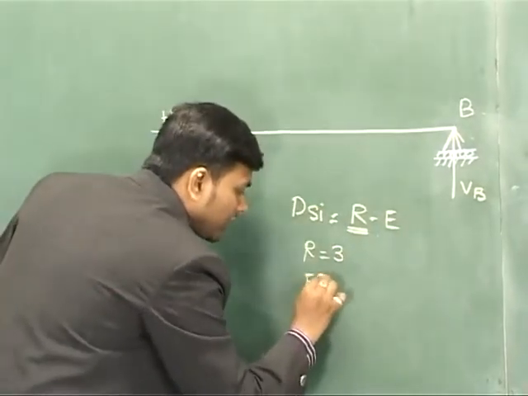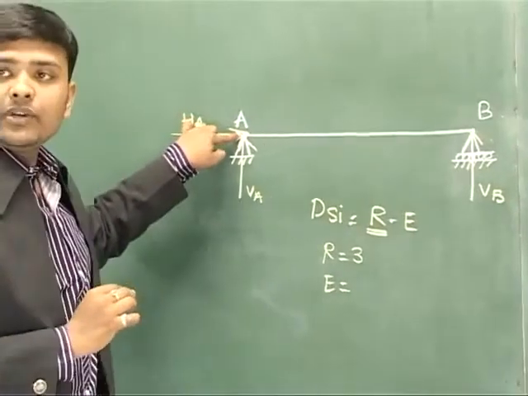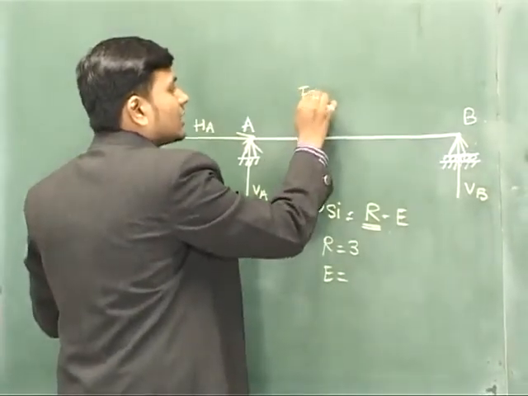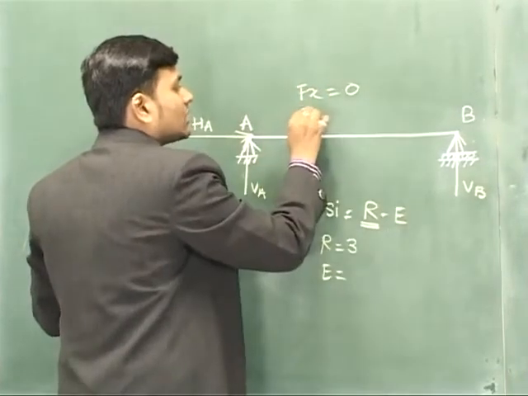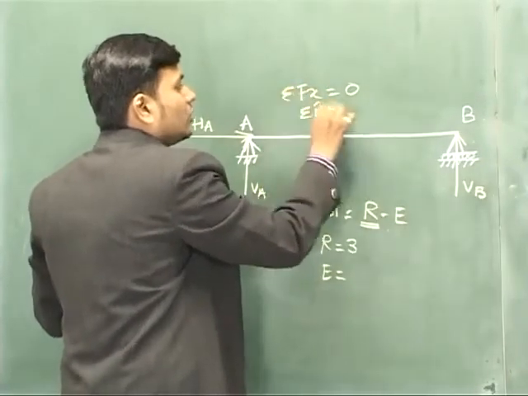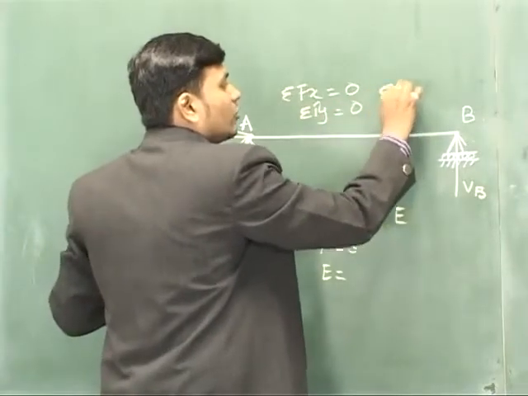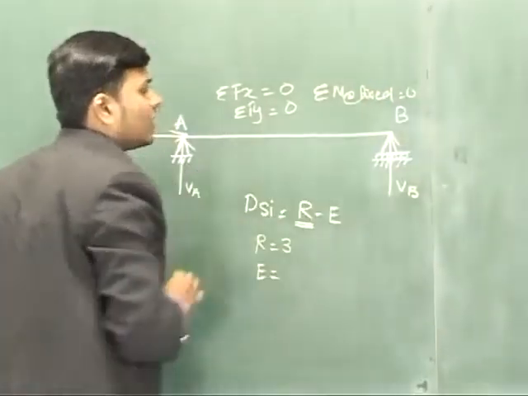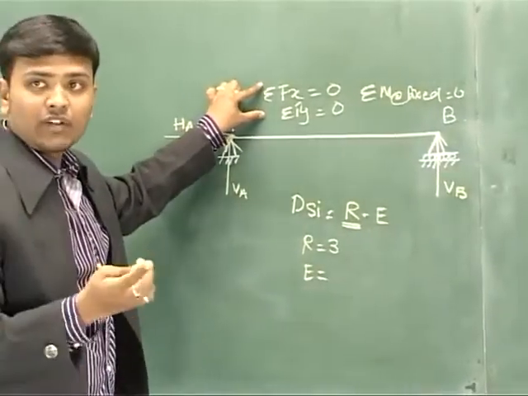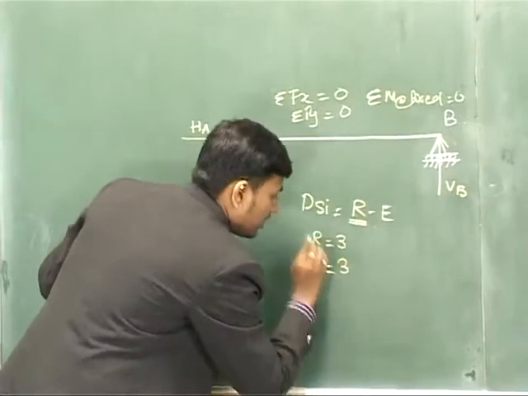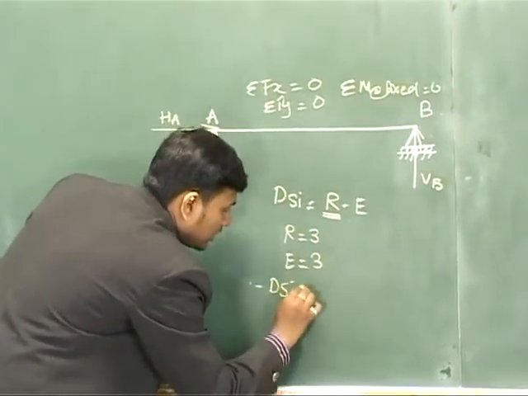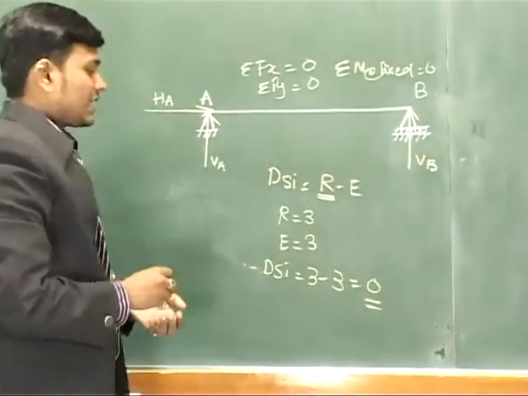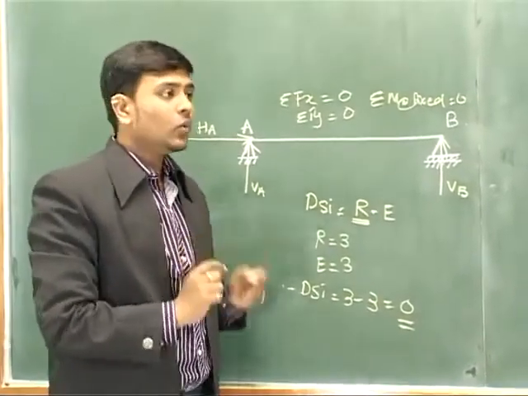Whereas number of equations, since this is an equilibrium concept, the equations of equilibrium are summation Fx is equal to 0, summation of Fy is equal to 0, and summation moment at fixed end equal to 0. So we have equations of equilibrium, number of equations are 3, therefore dSi is equal to 3 minus 3, 0. So the correct answer will be A, 0.